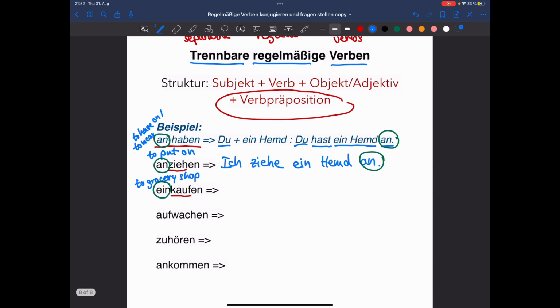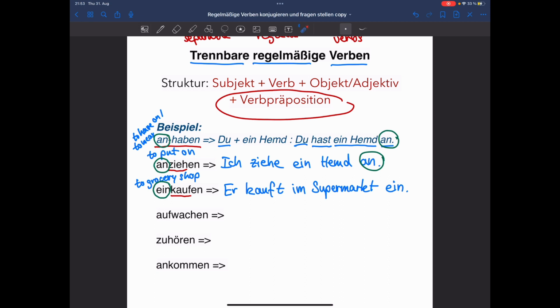Er kauft im Supermarkt, and then the verb preposition ein. Er kauft im Supermarkt ein. Basically, in English, he's grocery shopping in the supermarket. Well done. Let's move on to the next verb.